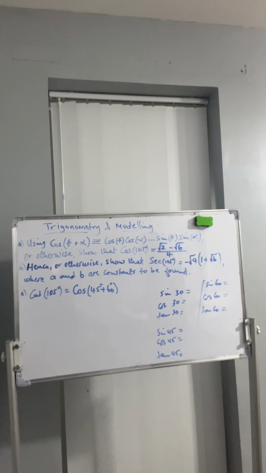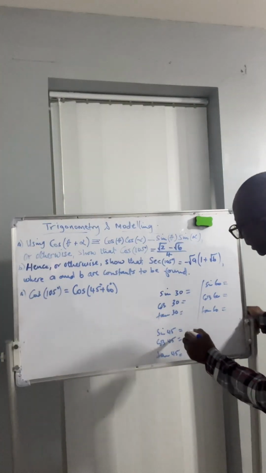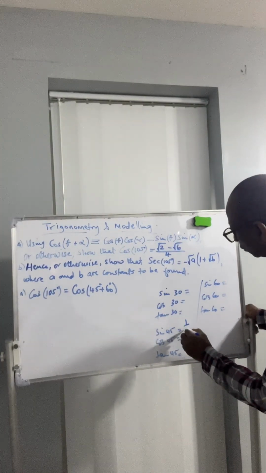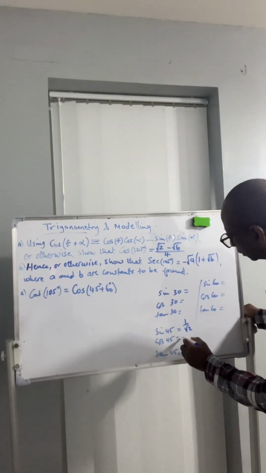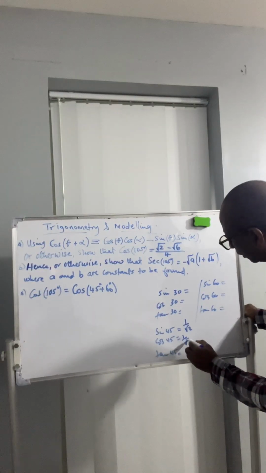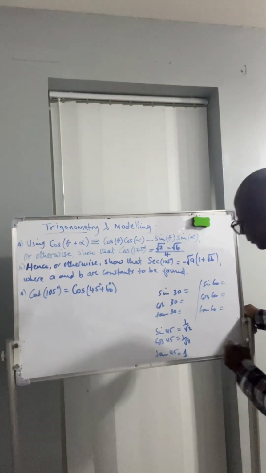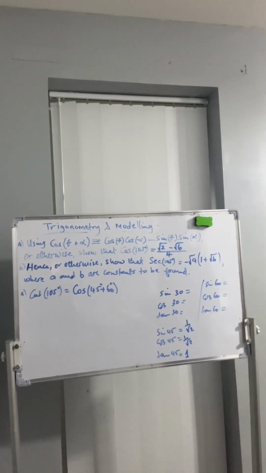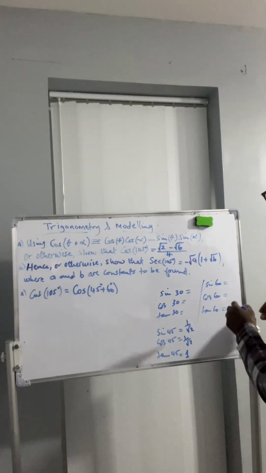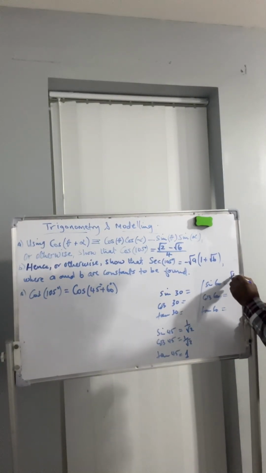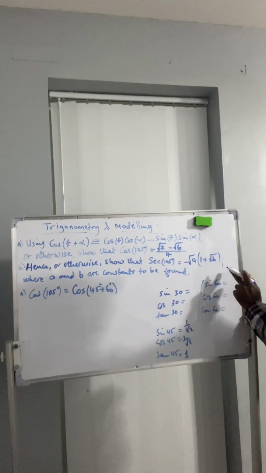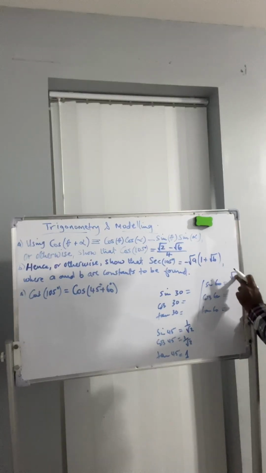Sine 45 is 1 all over root 2. And cos 45 is the same, 1 all over root 2. Tan 45 is 1. You know this. And sine 60 is root 3 all over 2.